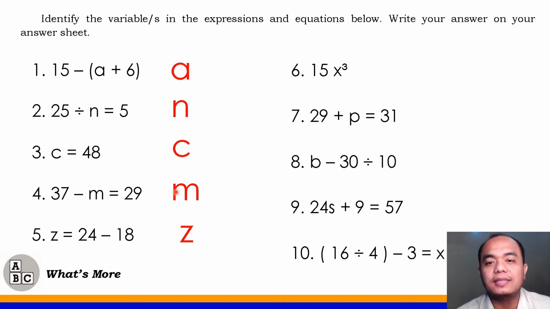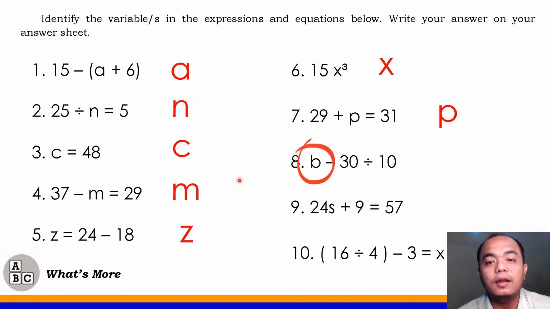Very good. Next, let's have number 6. 15x cubed. And we use the variable x. Very good. Number 7. The sum of 29 and p equals 31. We use p as our variable. Very good. Number 8. b minus 30 divided by 10.